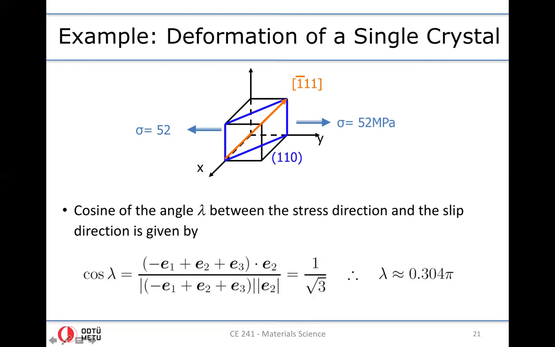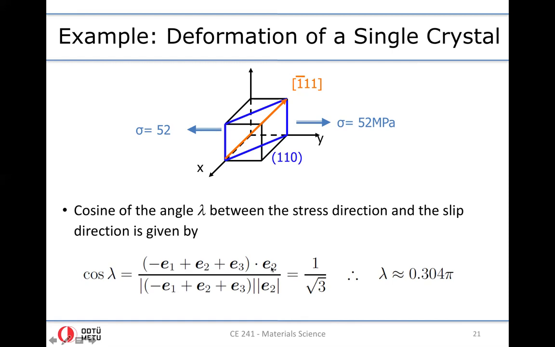So how about the cosine of the angle that is between the direction of the loading, sigma, which is E2 direction, and the slip direction, which is -1, 1, 1. So -1, 1, 1 can be visualized or written mathematically as minus E1 plus E2 plus E3. So that product results in 1 because E1 and E2 and E3 and E2 are mutually perpendicular.